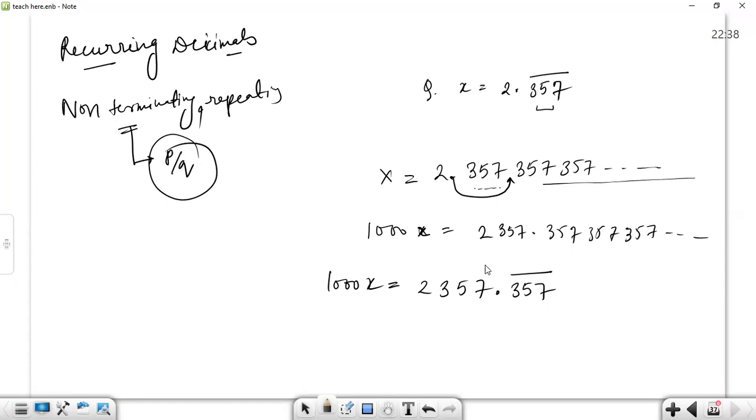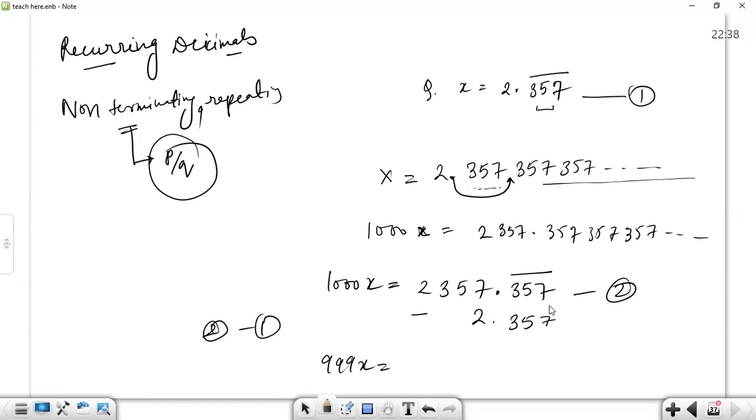Now let's subtract the second equation from the first. On the left hand side, what will be left is 999x. On the right hand side, we subtract 2.357 bar. Now this will cancel, right? And this will become 2355.